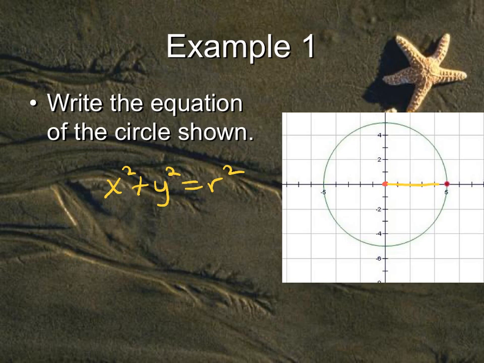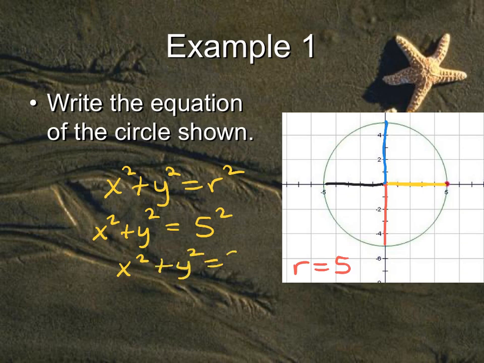So I could just count right here. This is 5 spaces. Wherever you look for your radius, it's going to be the same length no matter where it is in the circle. So the radius of this circle is going to be 5. So I'm going to do x squared plus y squared equals 5 squared. X squared plus y squared equals 25.